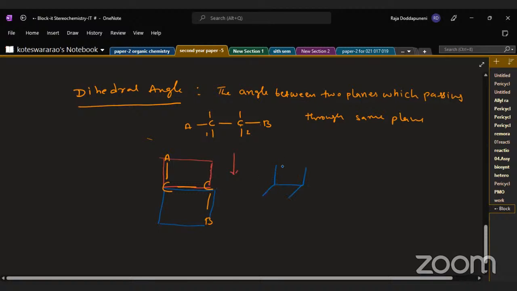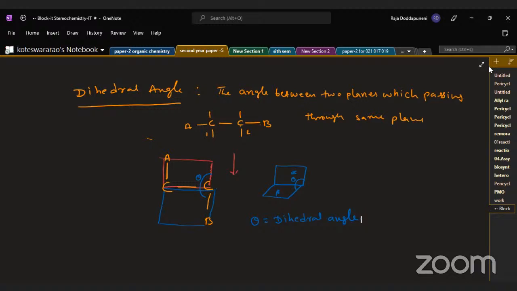This is the one plane, the alpha plane, and this is the beta plane. Now the angle between these two planes, suppose this is theta. The angle between these two planes, this theta, is known as the dihedral angle.